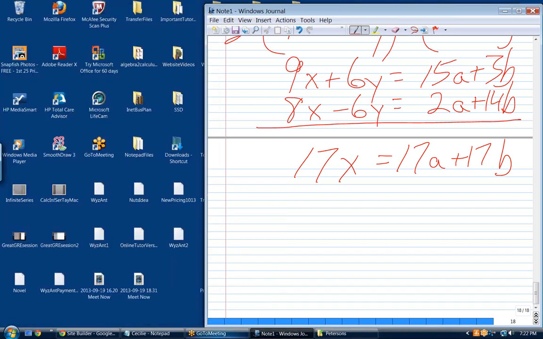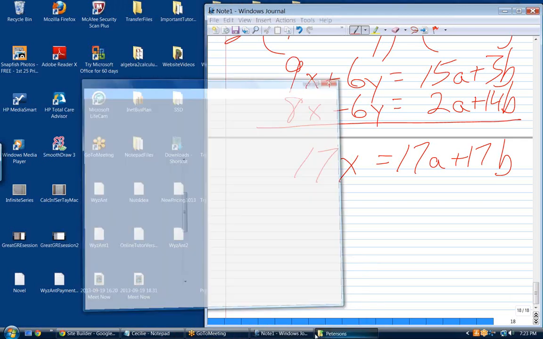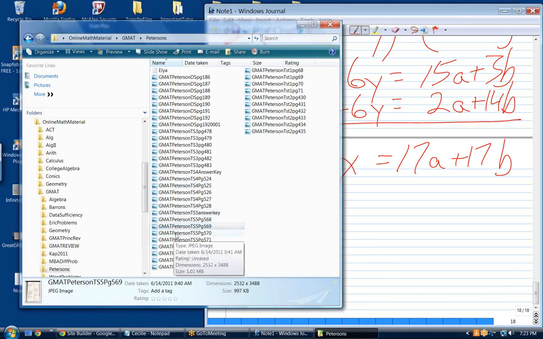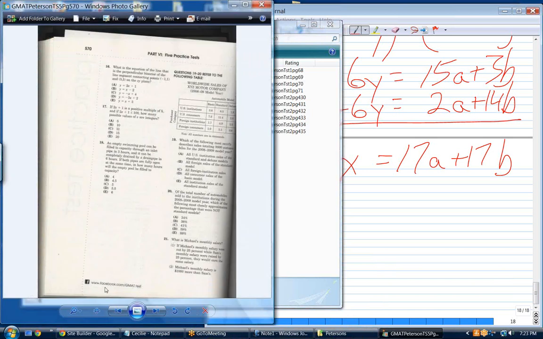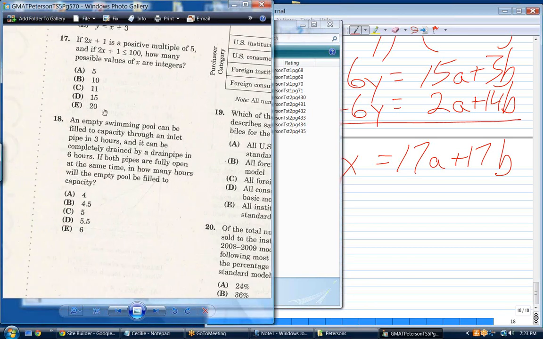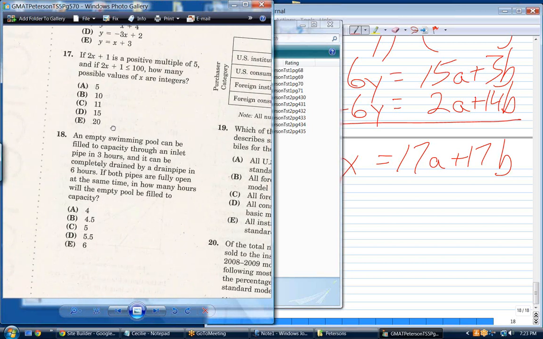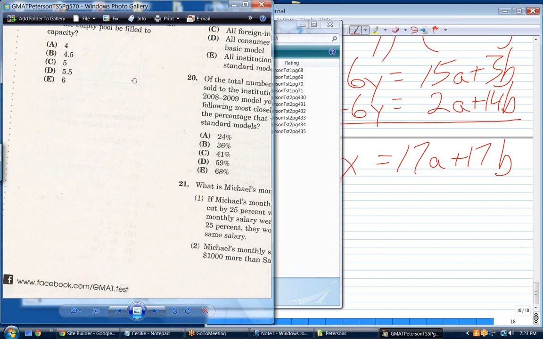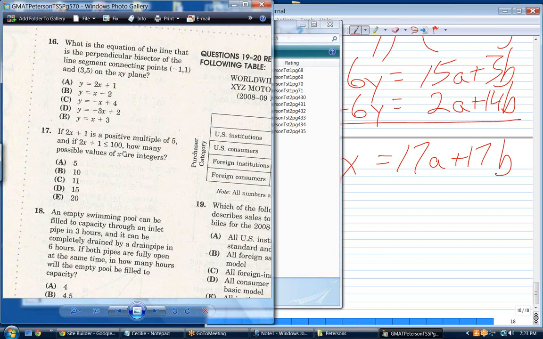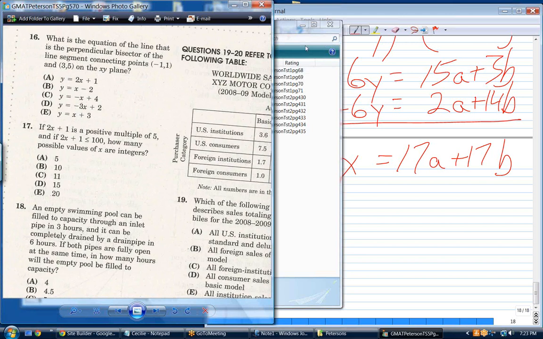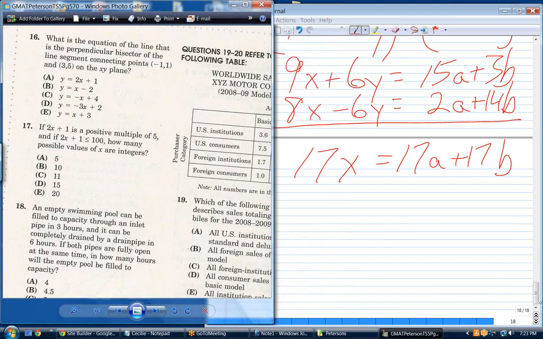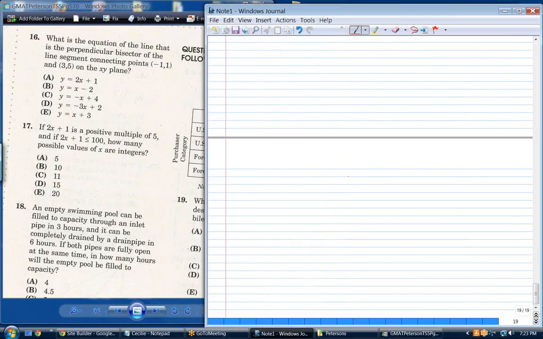Okay. Go to the next page. My goodness, look at all these for a data sufficiency. They don't have a lot of data sufficiencies in here. All right, let's do 16. Do you have any other tests that have some of them in there?